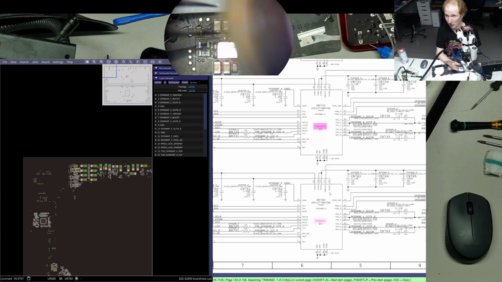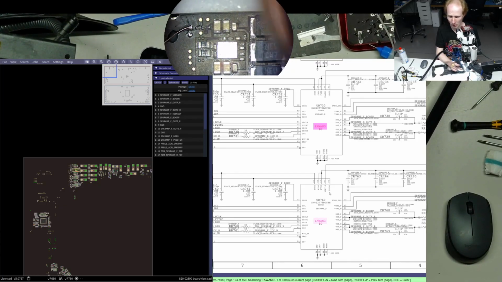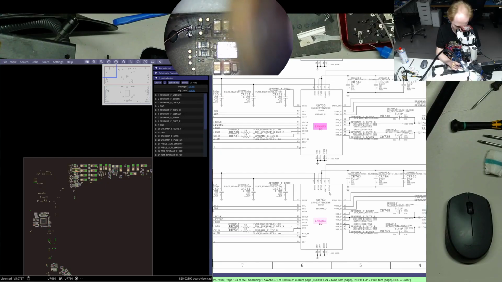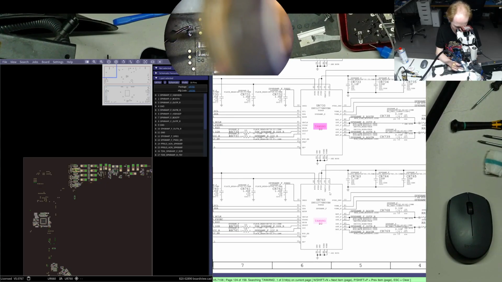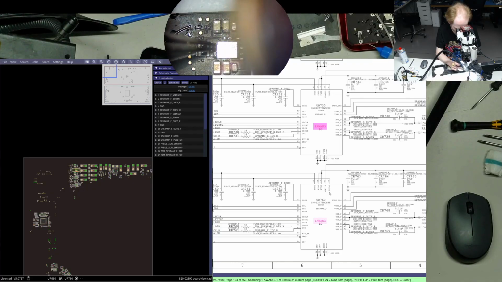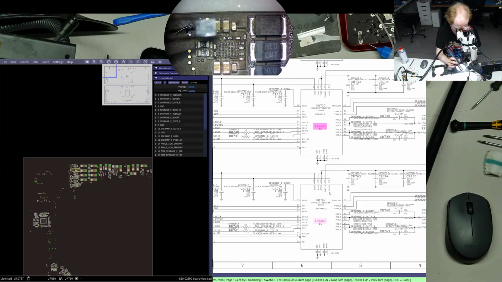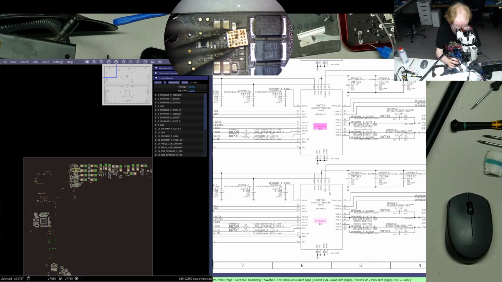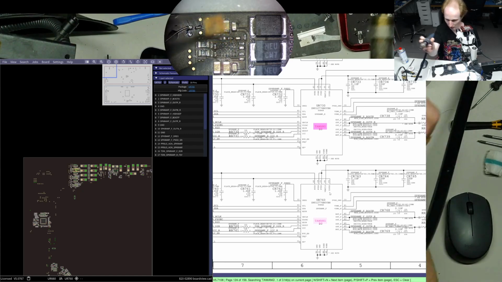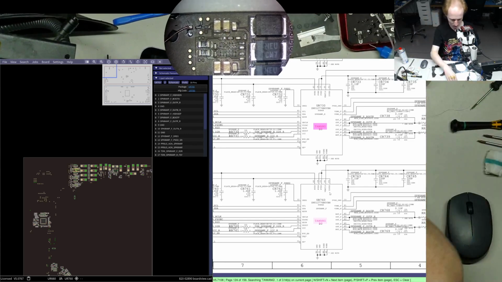Because such caps, it's just a ticking bomb, you know. As I told in the previous video, such caps can simply go short circuit all of a sudden. Well, not really all of a sudden. Oh, yeah, there's some dirt under the connector. Oh, it actually looks quite nasty. I hope it survived.